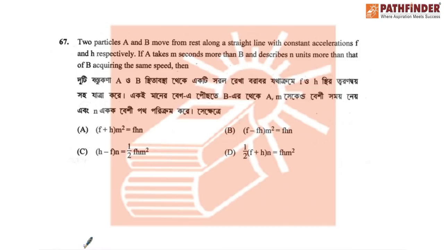Next is question number 67. Two particles A and B move from rest along a straight line with constant acceleration f and h respectively. If A takes m seconds more than B and describes n units more than B acquiring the same speed, then so let B take t seconds to achieve the speed.